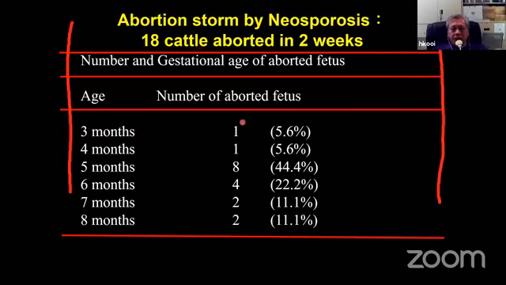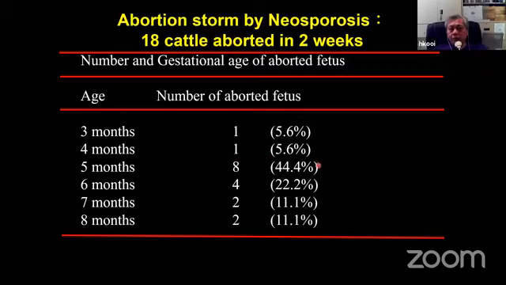If we look at the gestational age of the aborted fetuses, within 2 weeks, 12 of the aborted fetuses were 5 months and 6 months. This is actually caused by neosporosis, and so this is midterm abortion.